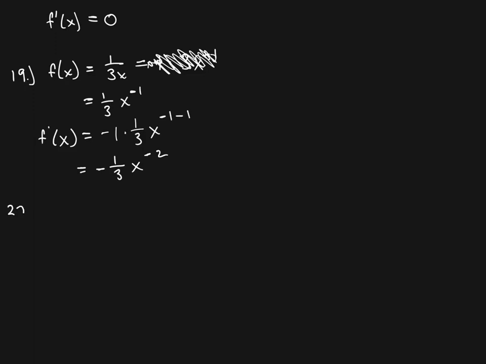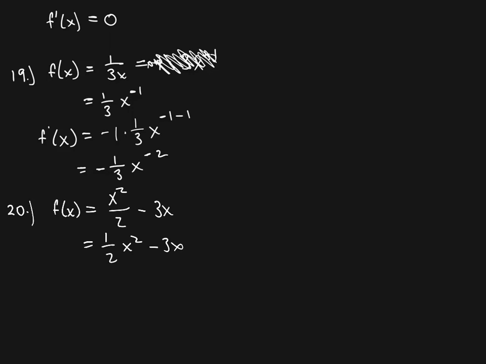Problem number 20. For problem 20, we have that f of x equals x squared over 2 minus 3x. So this one is not that difficult, right? Let's just rewrite it so that we see that x squared over 2 is really just 1/2 x squared minus 3x.